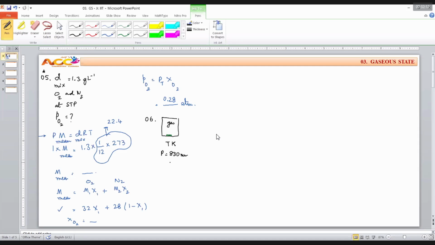The temperature of the jar is reduced by 1%. The vapor pressure of water at the two temperatures, this one and this one, are 30 and 25 millimeter of Hg. Find the new pressure in the jar.